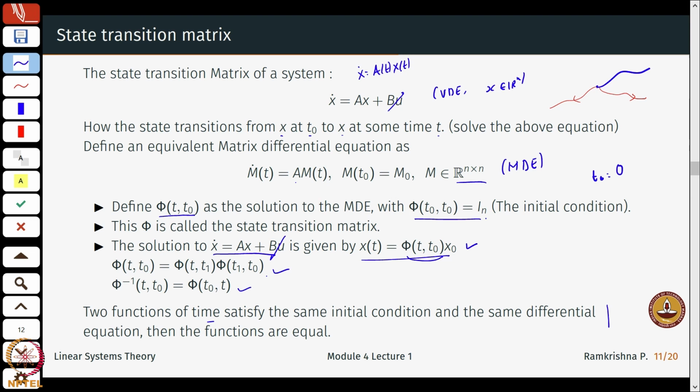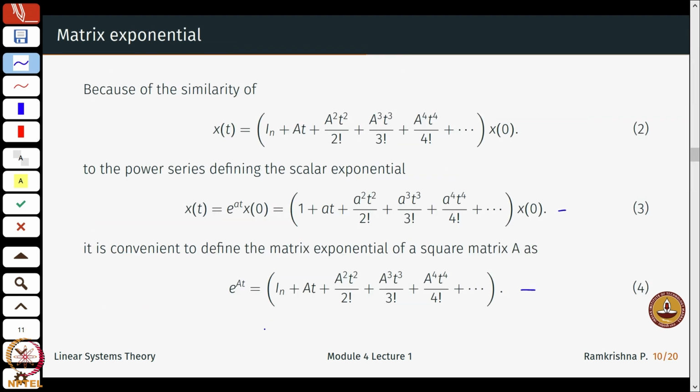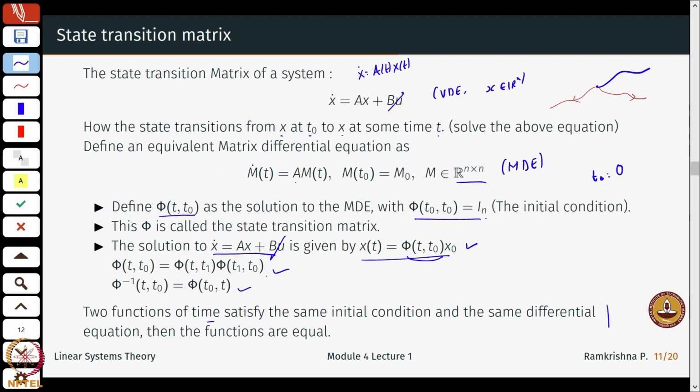For now, it is easier to guess the following: in the LTI case, this is my state transition matrix starting from time t equal to 0 and at any time t. The solution to x dot equal to a x plus b u, or without the input, is given by phi of t, let us assume t naught equal to 0, x naught.